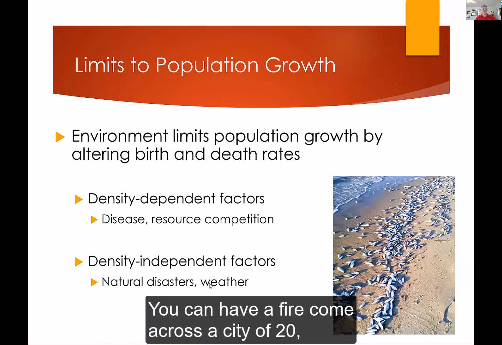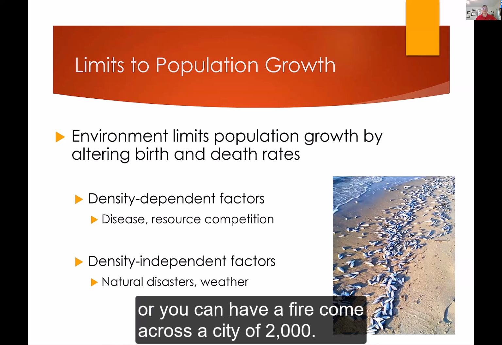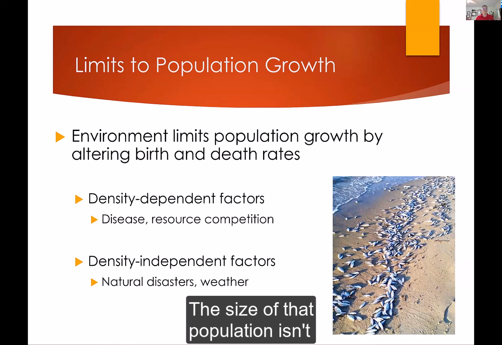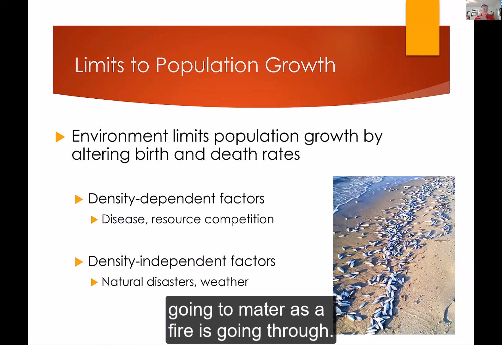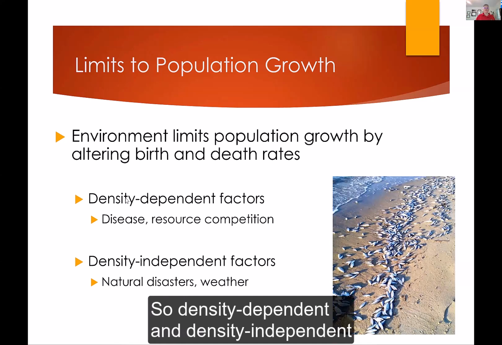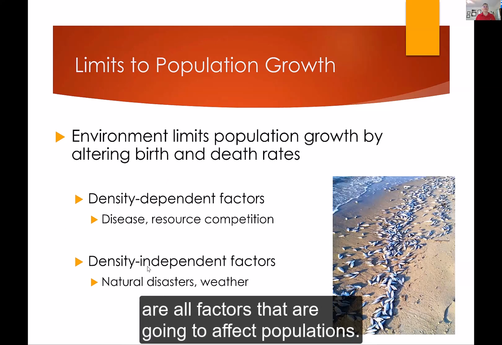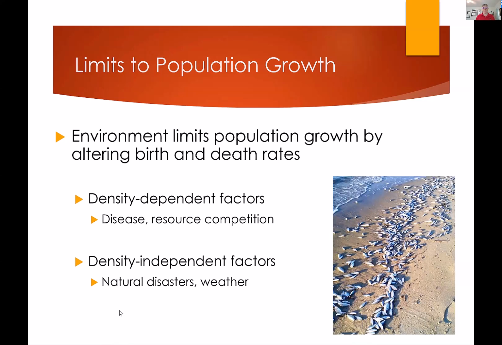You could have a fire come across a city of 20, or you could have a fire come across a city of 2,000, right? Size of that population isn't going to matter as a fire is going through, right? So density dependent and density independent are all factors that are going to affect populations, right?